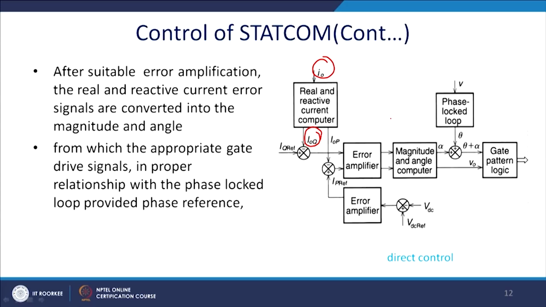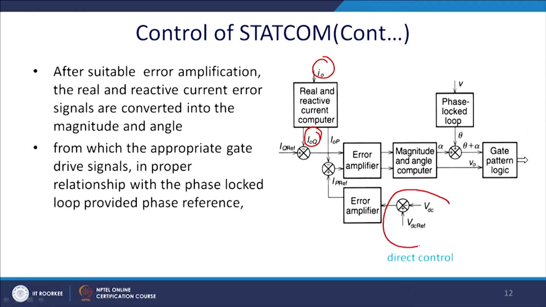But you also require to maintain the DC bus voltage, because you have to feed the voltage also. For this reason, you have VDC minus VDC ref. From there, there will be an error signal. That error signal will be compared with the real component IP, and it will also be fed to an error amplifier.